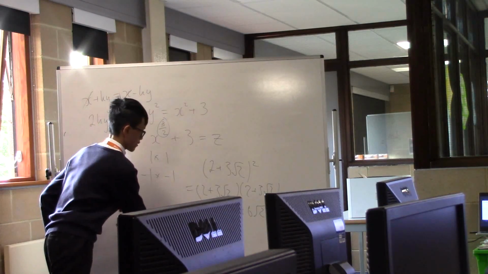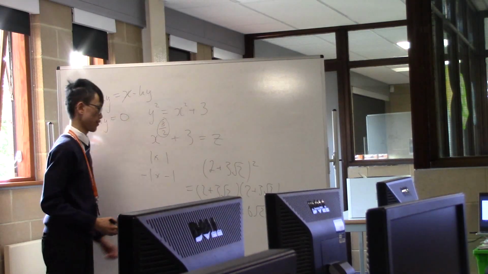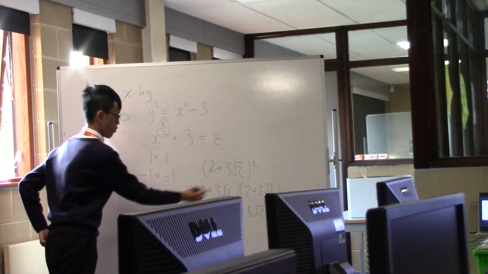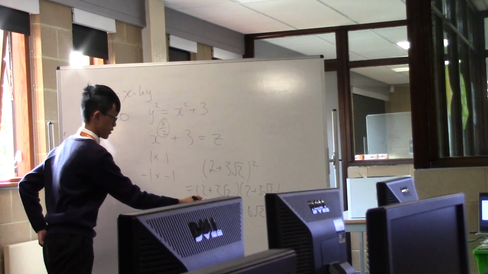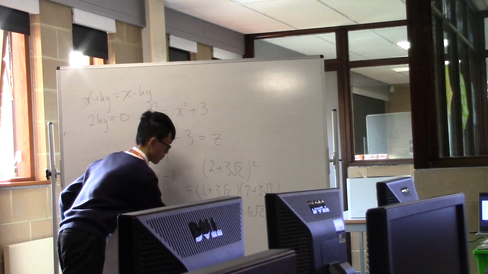And this here is also an integer because root 2 squared is just 2. So that'll be 4 plus 9 times 2, which is 4 plus 18, so that's 22, plus 12 root 2.